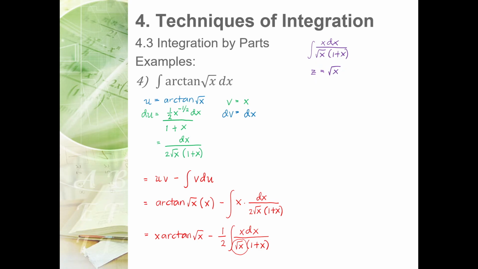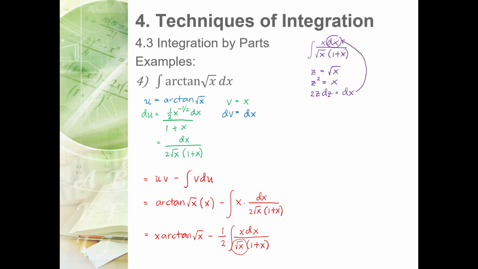The next step is to eliminate the radical expression by squaring, so z squared is equal to x. The next step is we derive, so we have 2z dz is equal to dx.